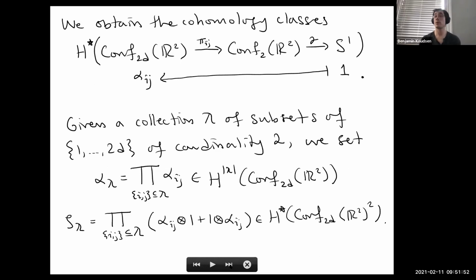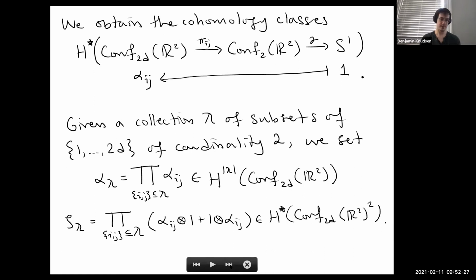And we're working mod 2. And so that's a zero divisor because pulling back along the diagonal is given by multiplying the thing on the left side of the tensor with the thing on the right side of the tensor. And so if I do that to this alpha ij tensor 1 plus 1 tensor alpha ij, I get 2 alpha ij, which is 0. So each of those individual things is a zero divisor. And so their product over lambda, this collection of subsets of cardinality 2, is also a product of zero divisors. Okay. Any questions about this?